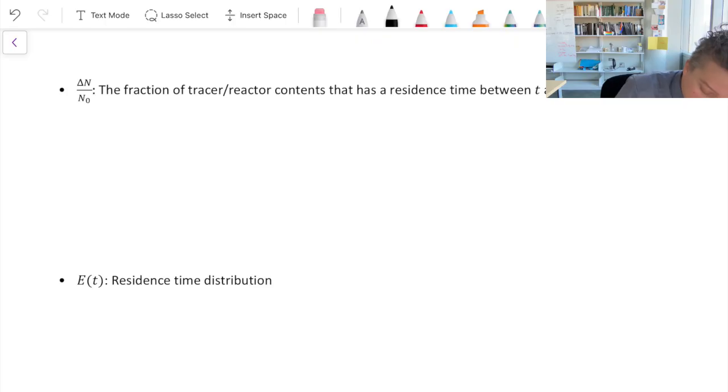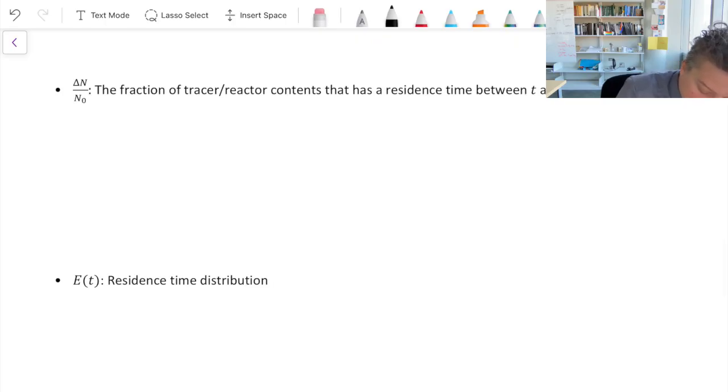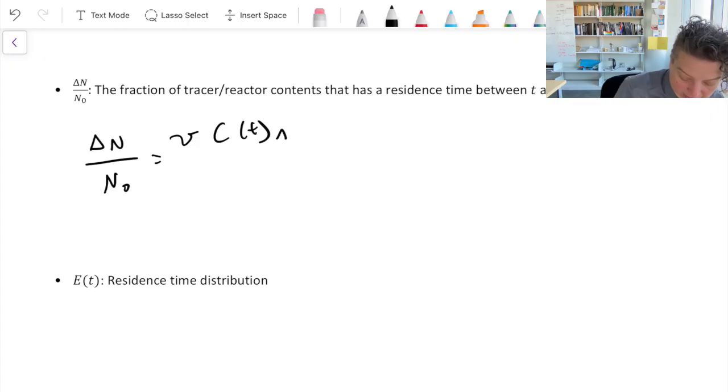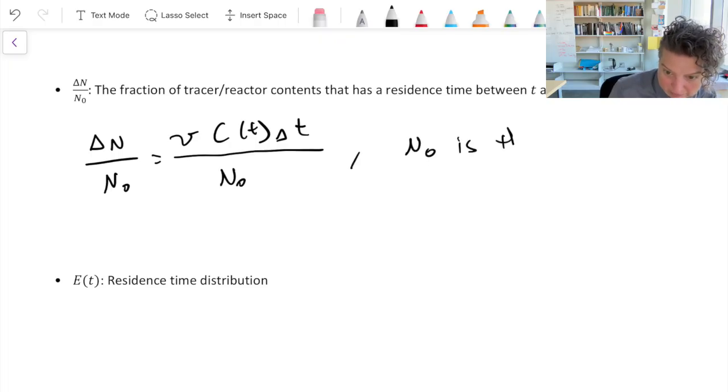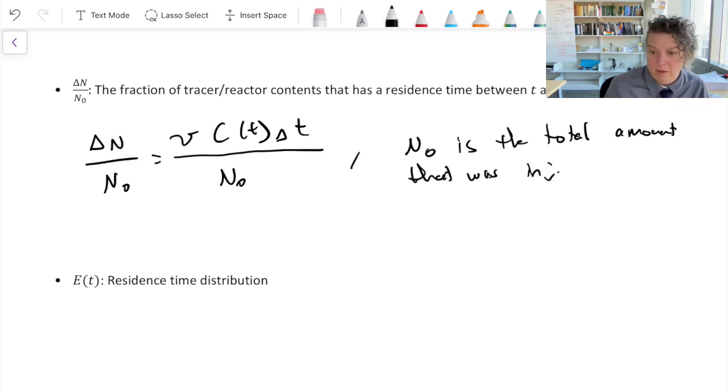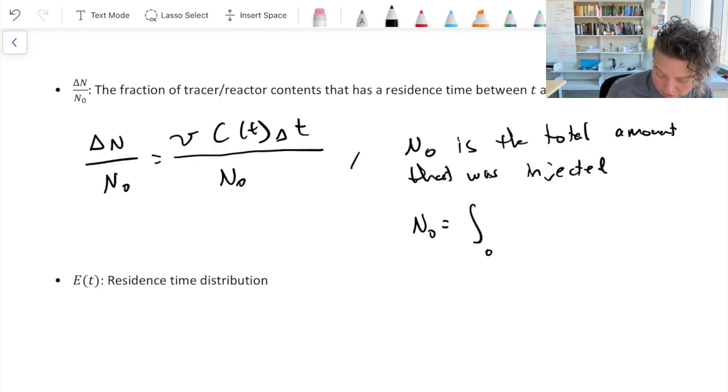So I'd say delta n divided by n naught is equal to the volumetric flow rate times C of t times delta t, divided by n naught. So n naught is the total amount that was ejected, and it's equal to the integral from 0 to infinity of the volumetric flow rate times C of t dt.